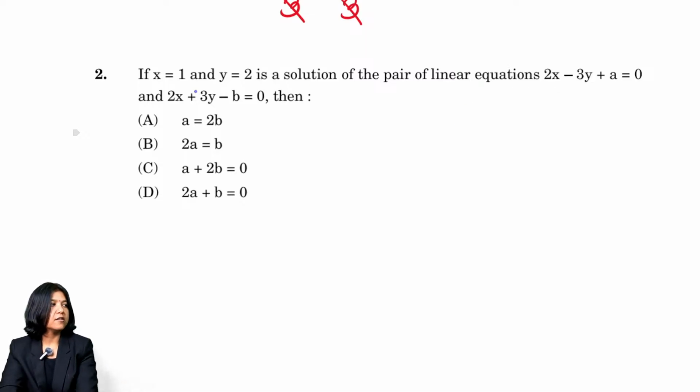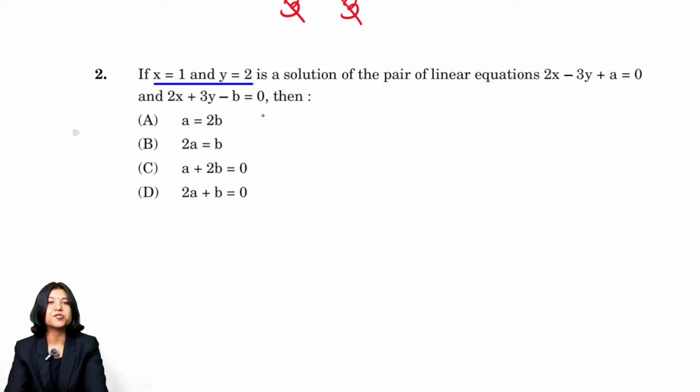First of all, because they have already given you the information, every question has some information, and you should treat it as a resource. Okay? And now the thing is, out here they have given you x is equal to 1, y equals 2, which means I'm going to plug in the value of x as 1 and y as 2 into both of the equations. So let's do that.